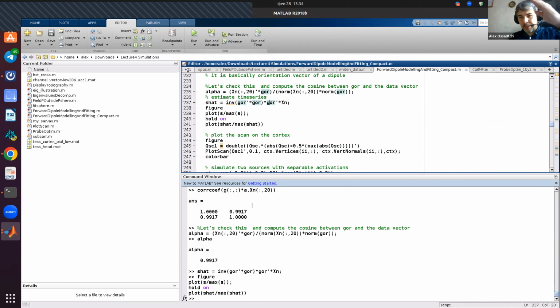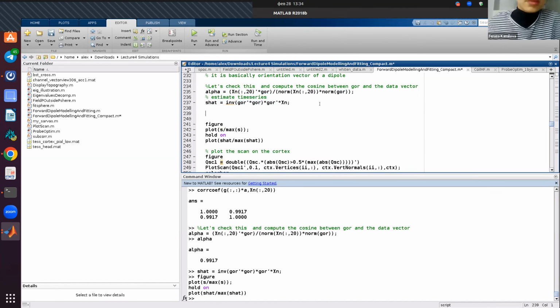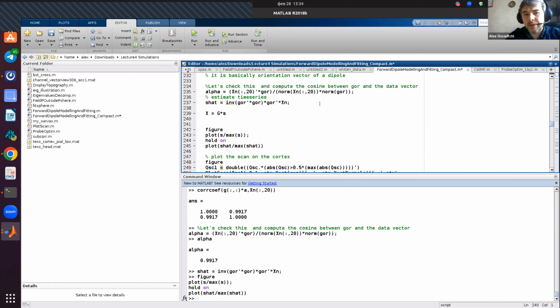Let me try to write it here. So your data is G times S, plus some noise. You found this G. You didn't know it before, but you found it. So now you know this G. Now you say, I'm interested in S.